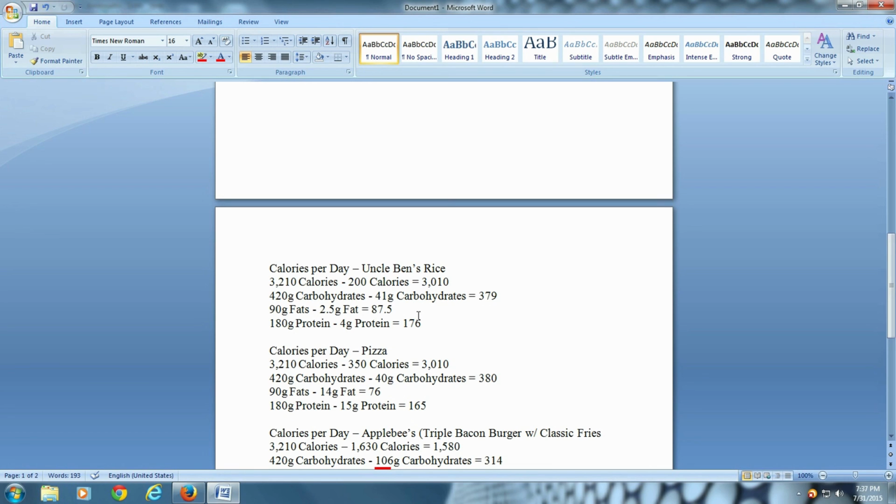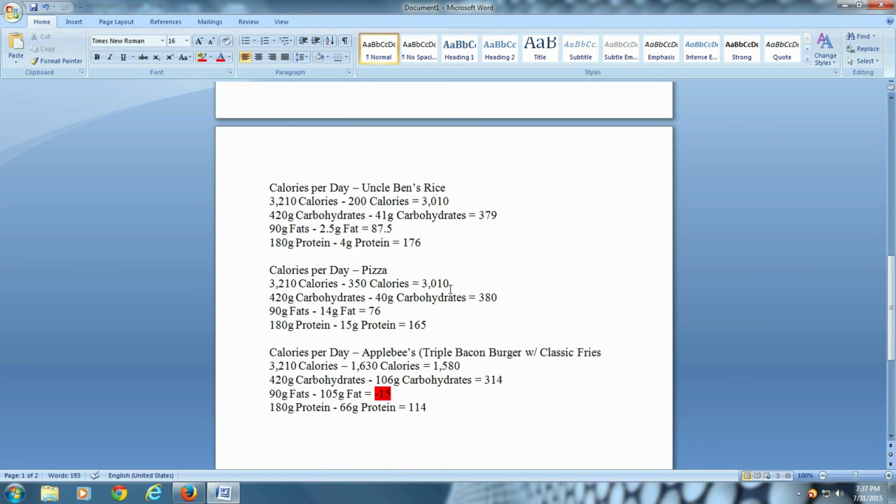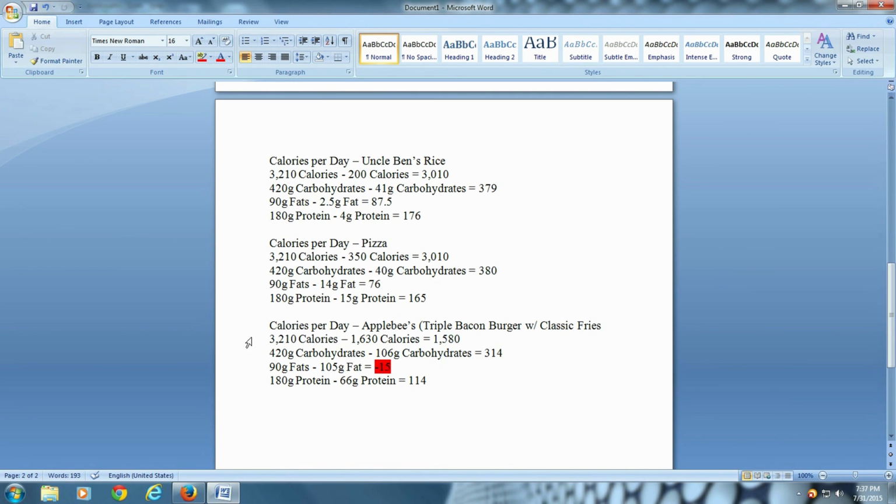Now let's go down here and look at the Applebee's triple bacon burger with classic fries. Say I go to Applebee's and get this for dinner, and I eat all of it in one sitting, the burger and the fries. Let's look at how that applies to my macronutrient profile for the day.